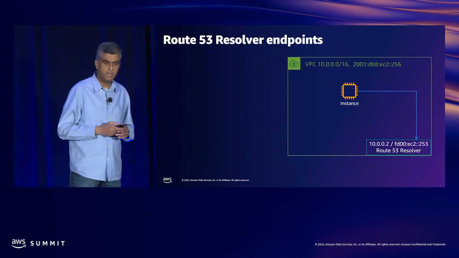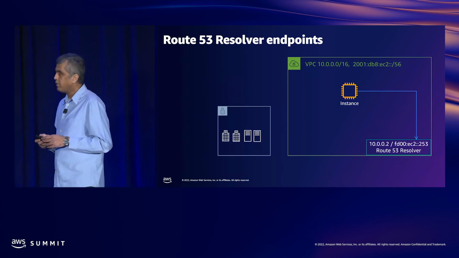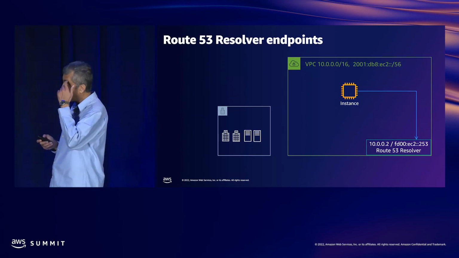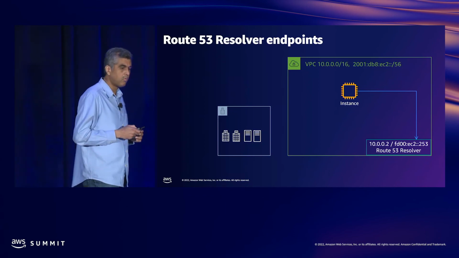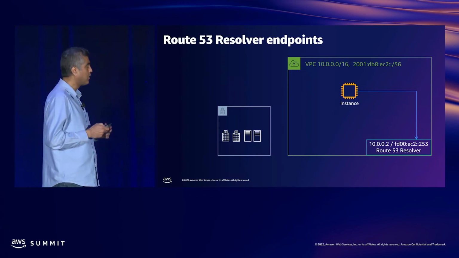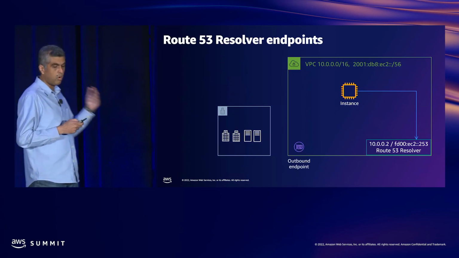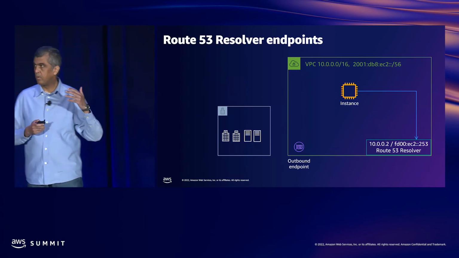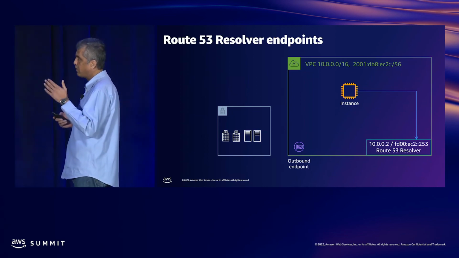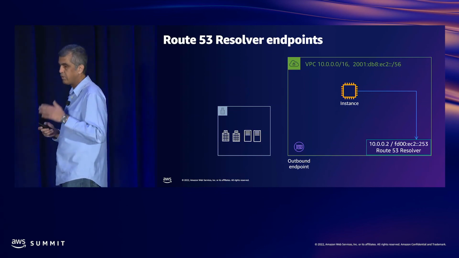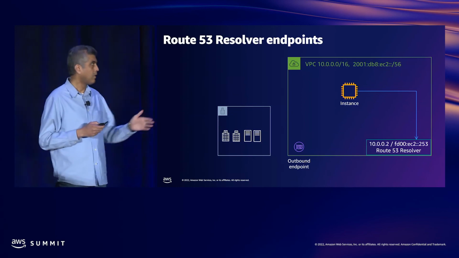So what about the hybrid connectivity? You may have resources on-prem that need to do DNS resolution. For that, we provide resolver endpoints, and resolver endpoints are basically two types: outbound and inbound. If you want to resolve your queries for the DNS server that lives on-prem, you create an outbound resolver endpoint, which creates an elastic network interface within your VPC subnet and assigns a private IP address.